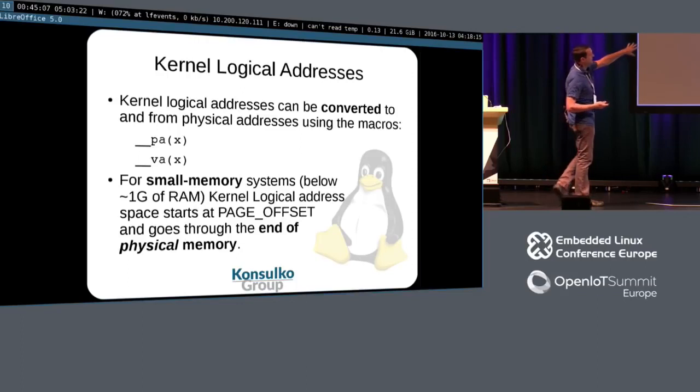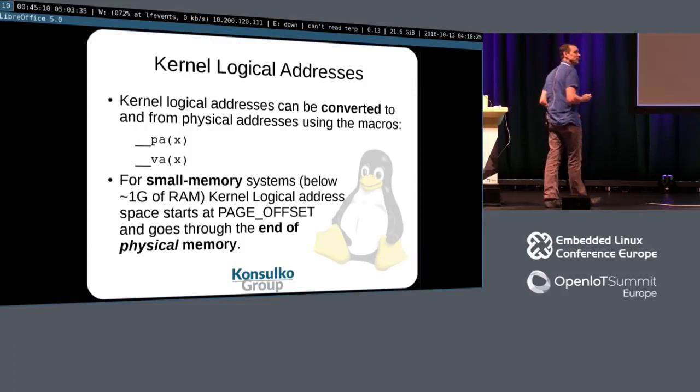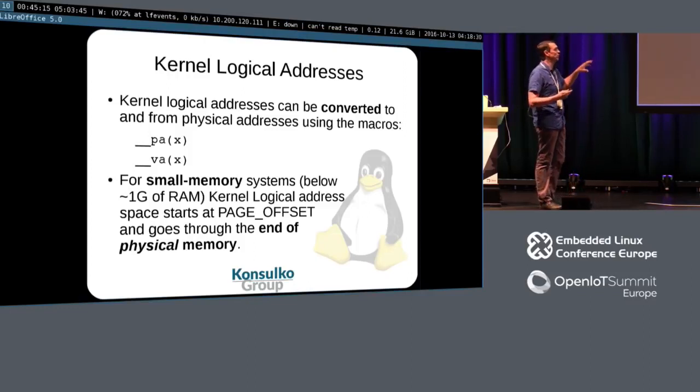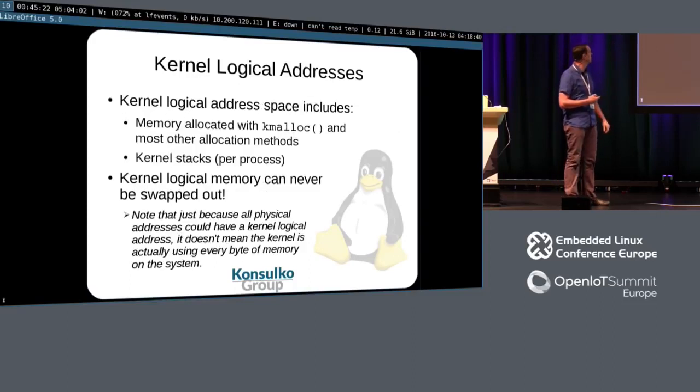You have those kernel logical addresses starting at the page offset and going through the end of memory. So if you had 512 megabytes, then you would have C up through D, all Fs, and that would be that kernel logical area. So it's very simple when you have that small amount of memory. That's where it gets mapped into kernel logical space.